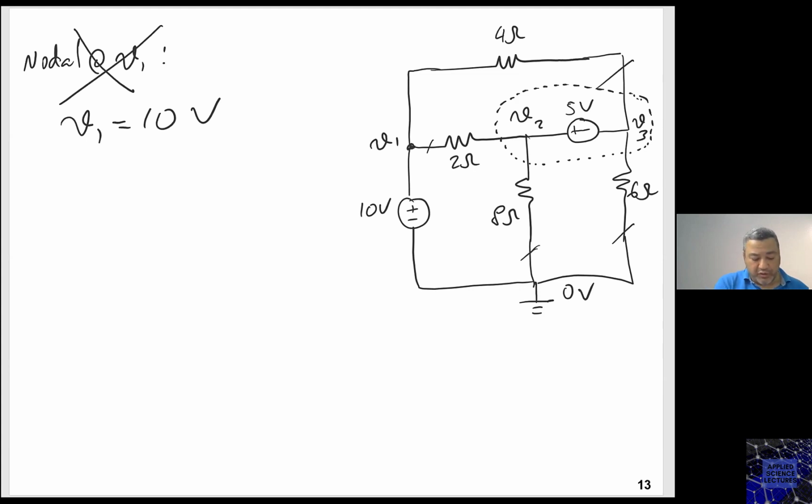Now I need to write the nodal at the supernode, which is this one. Now the supernode here, as you can see, it has 2 sides. One side is V2, the second side is V3.